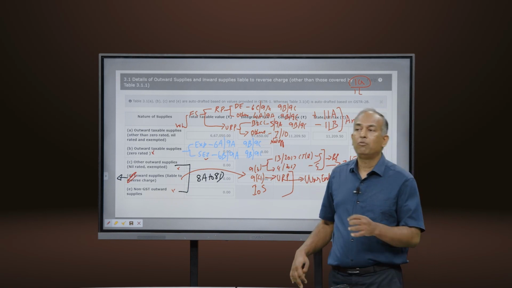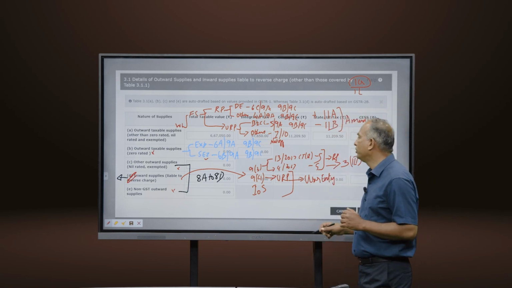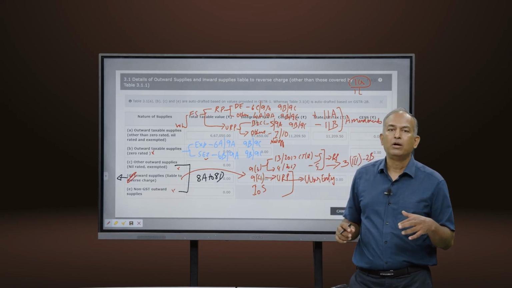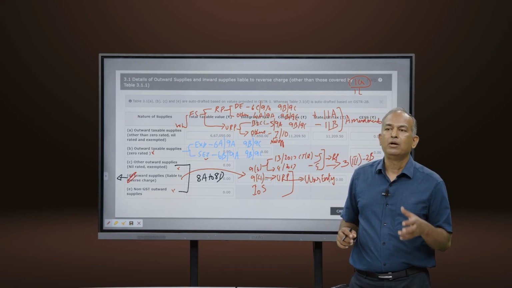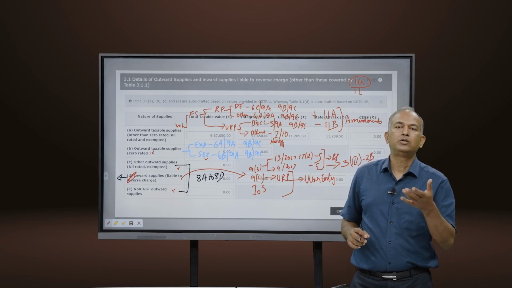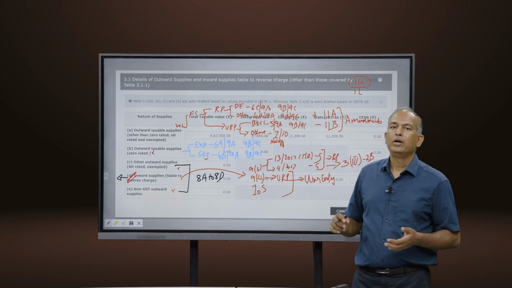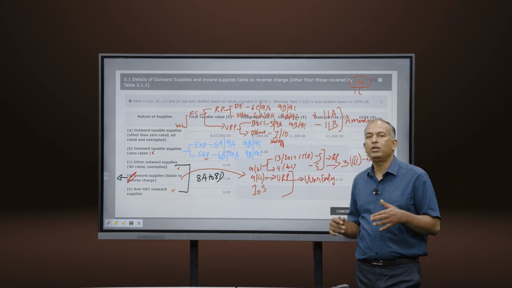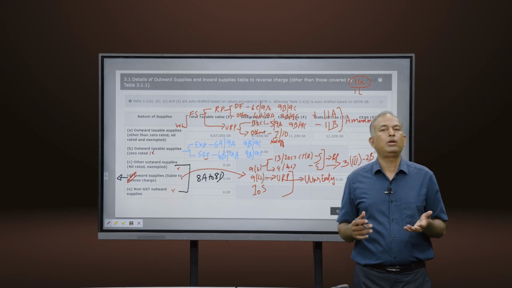So here, what I'm trying to make you understand are two things. The first fact is that if I have made a mistake in my R1, that is why the edit option was made available. Instead of 1 lakh, you have shown 1 crore. In that circumstance, the taxpayer had no other option because he was not going to pay 1 crore rupees. He would pay only 1 lakh rupees.